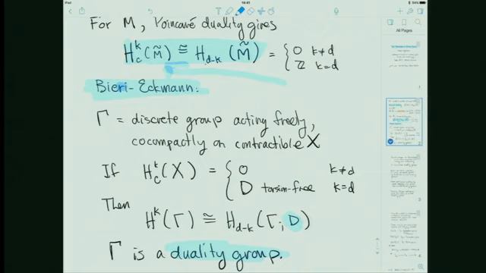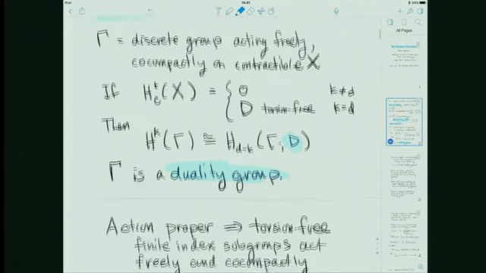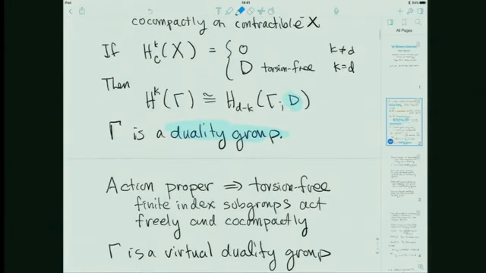So that's if you have gamma acting freely and co-compactly on some contractible space X. But it turns out that in fact you can say something even if the action is not free, as long as you have a proper action. Then, of course, if you have a torsion-free subgroup of finite index, it acts freely.